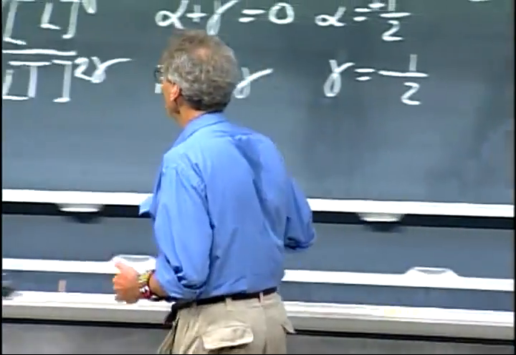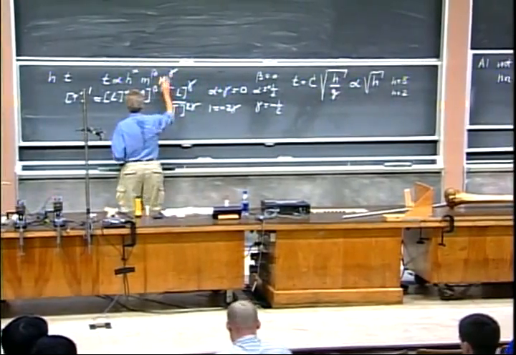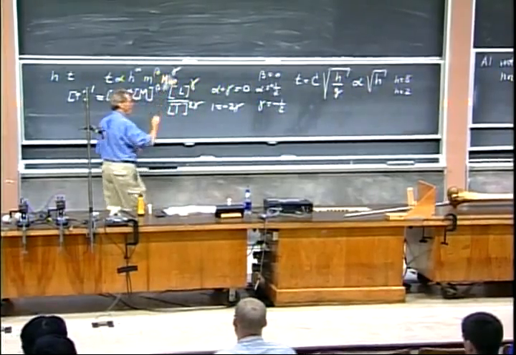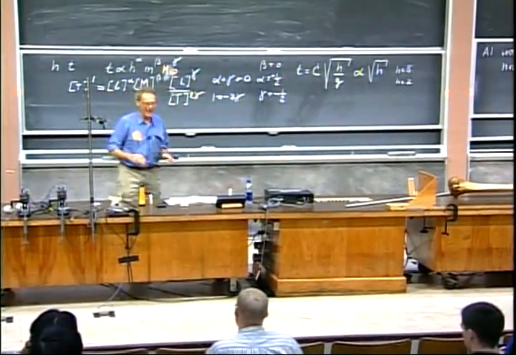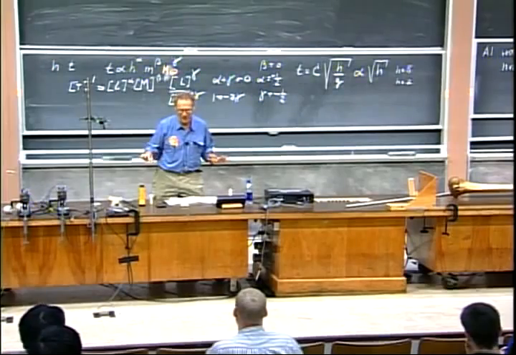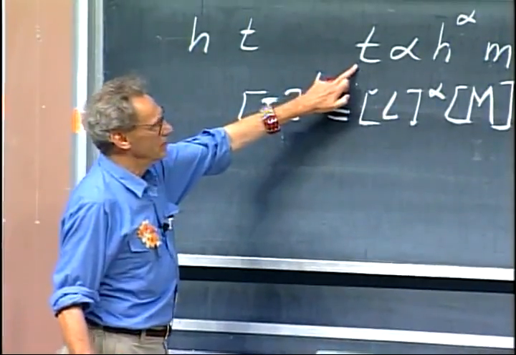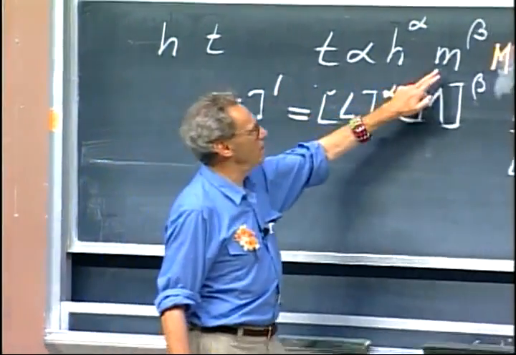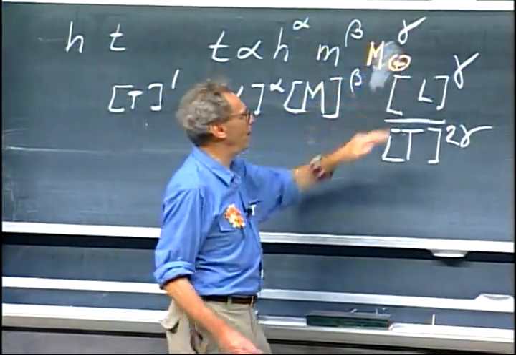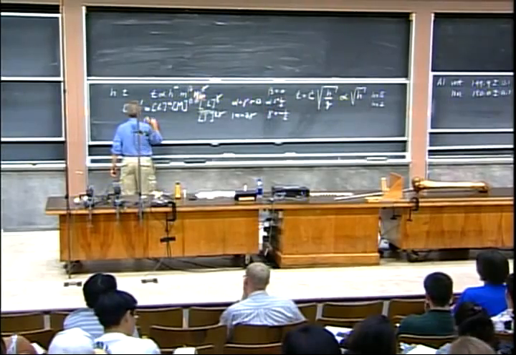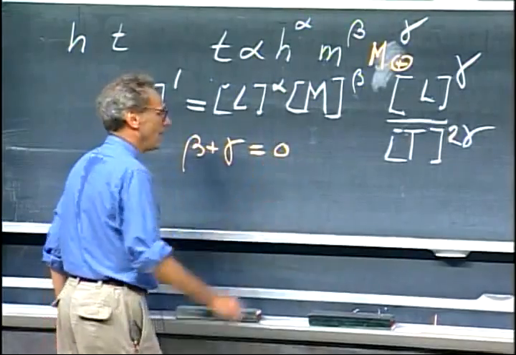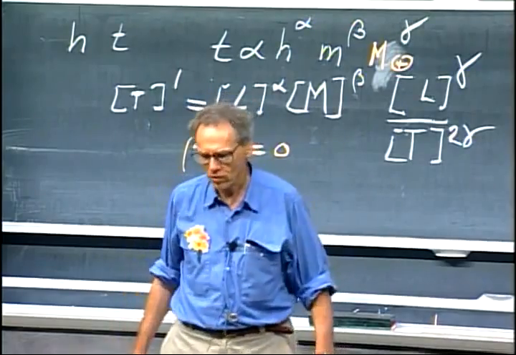So now I would put in the mass of the Earth here. And I start my dimensional analysis, and I end up dead in the waters. Because you see, there is no mass here. There is a mass to the power beta here and one to the power gamma. So what you would have found is beta plus gamma equals 0, and that would be end of story.